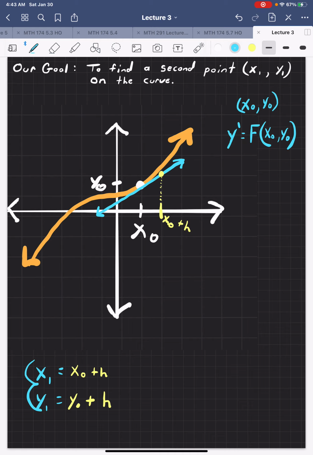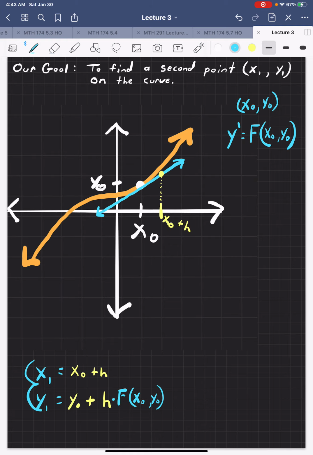So it is h times y prime, or h times f of x sub 0, y sub 0. Okay, so really we're using h, but if you know anything about differentials, this is the same language of differentials.